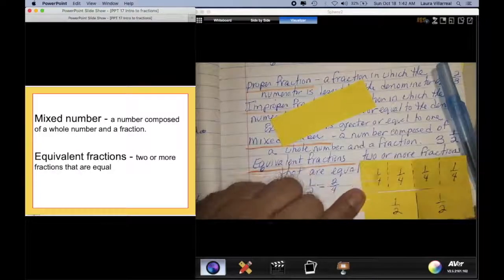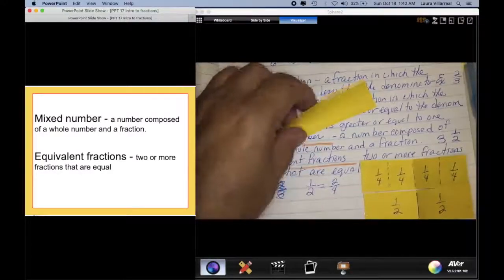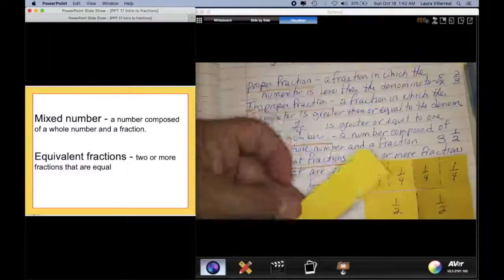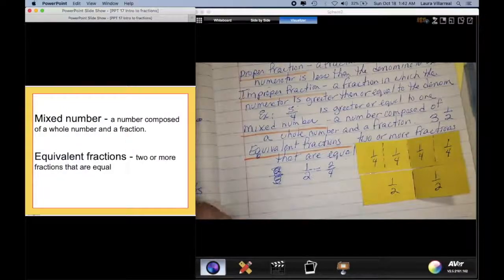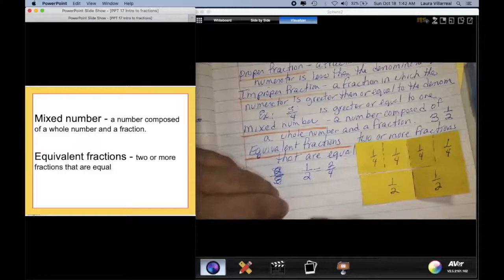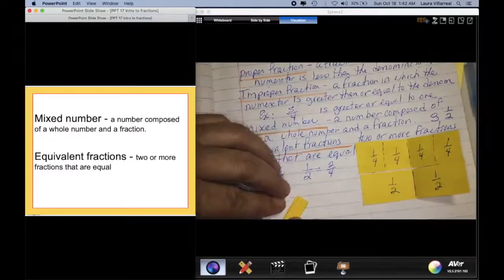There we go. And I could continue with other fractions. What else could I do? 1/2 of 1/4 would be 1/8, and I could continue going. Of course, it gets to the point where these are very small. If I were doing this in my classroom, I would have a large set of fraction strips.